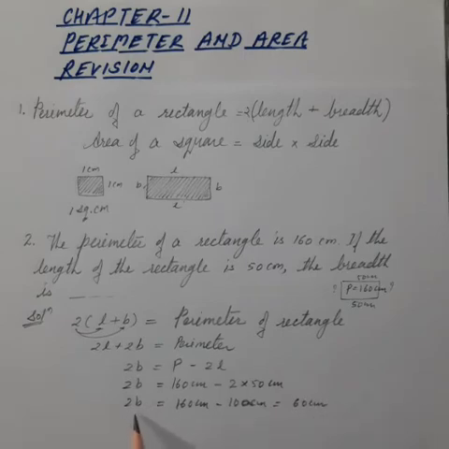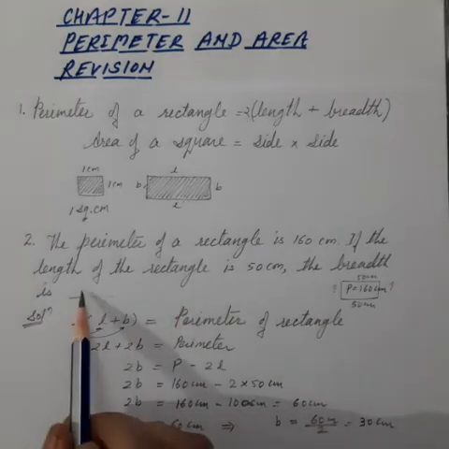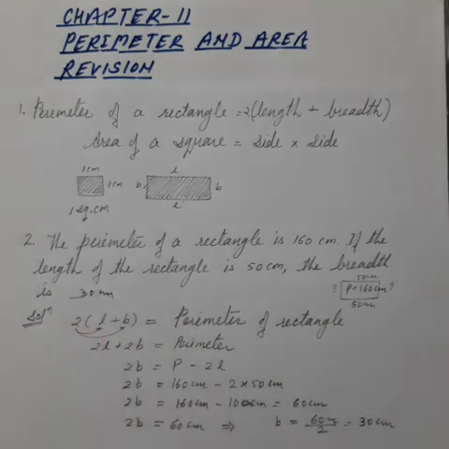Now we have 2 times B equal to 60 centimeter. We have to find out the value of B. So divide 60 centimeter by 2. So breadth we get here 30 centimeter. So the breadth of the rectangle is 30 centimeter.